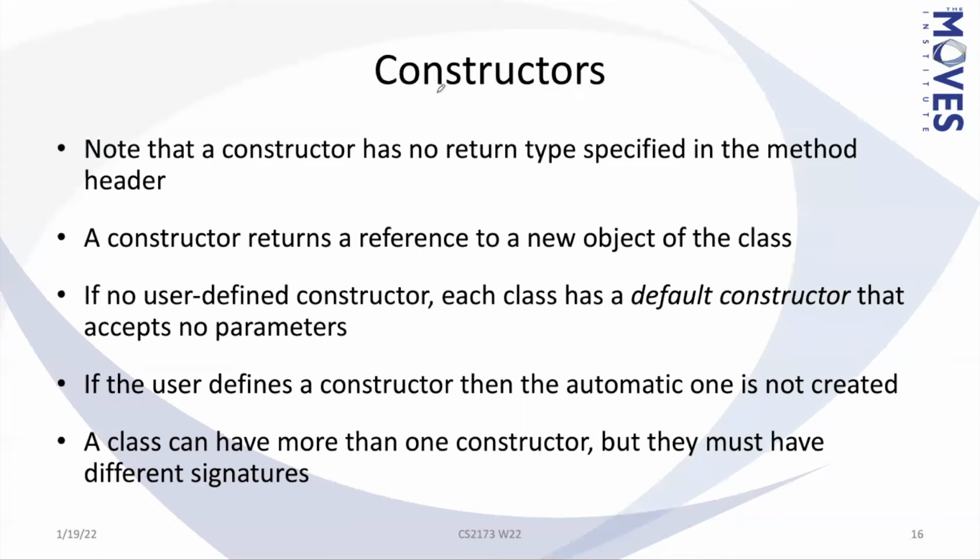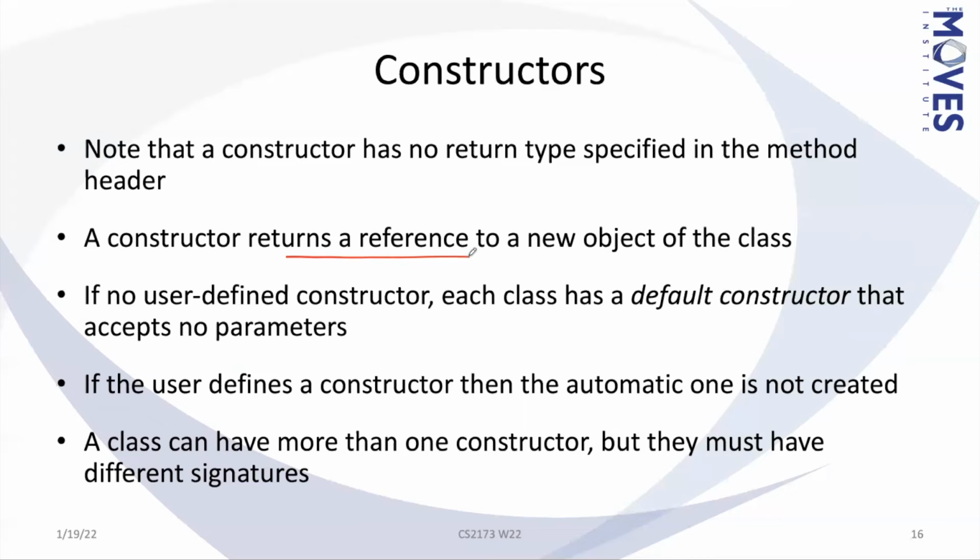Okay, so let's look at constructors. Notice that a constructor has no return type specified. Why? Because it doesn't make any sense to specify the return type, because the constructor always returns a reference to a new object of the class when you call it with new.